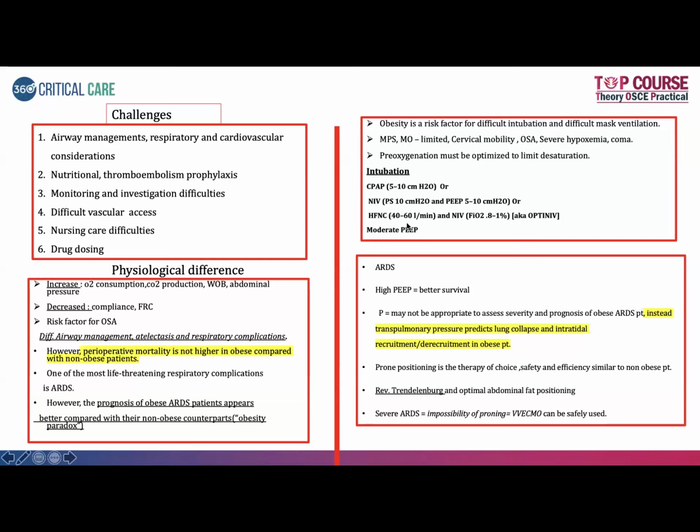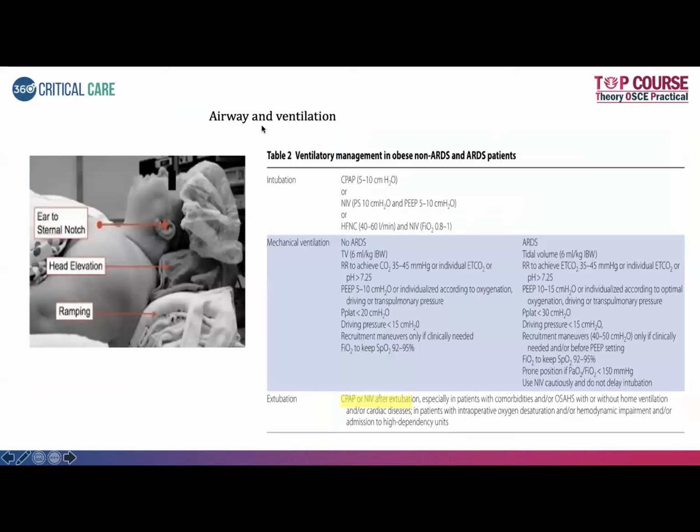HFNC can also be used, and a moderate PEEP. ARDS has better survival. When ventilating these patients, reverse Trendelenburg can be tried. Prone position is not a contraindication, but if prone is not going to be possible in the ICU, consider VV ECMO early.